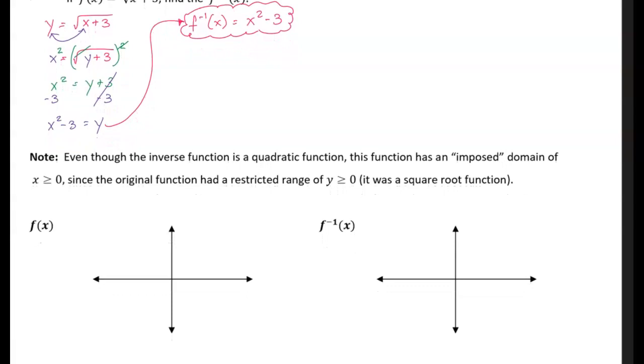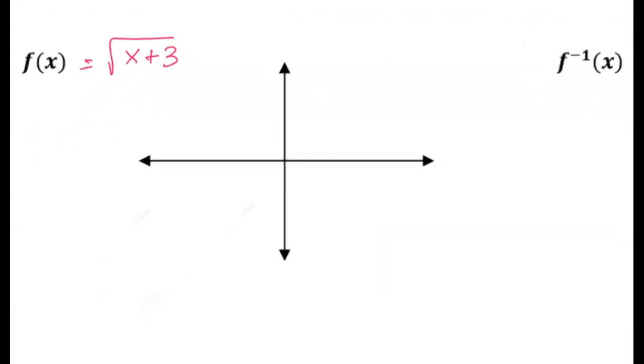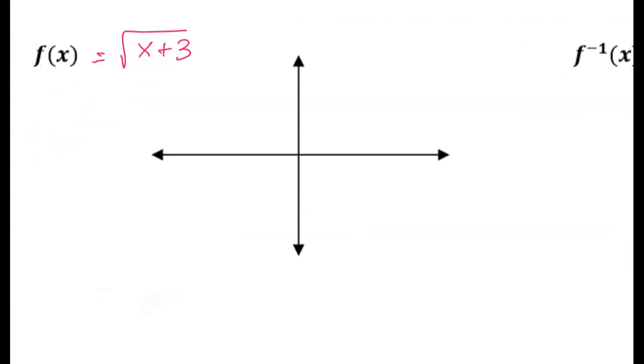Yes, you can create a little table, but if you remember anything about radicals or transformations, what do you know about this graph? Where is it moved? It's moved 3 to the left. All right, so we know that the starting point at least has moved 3 to the left.